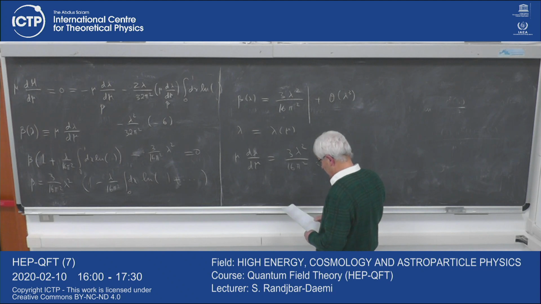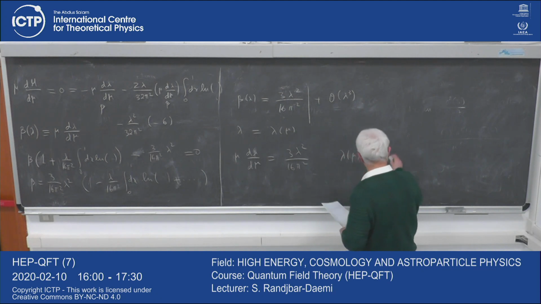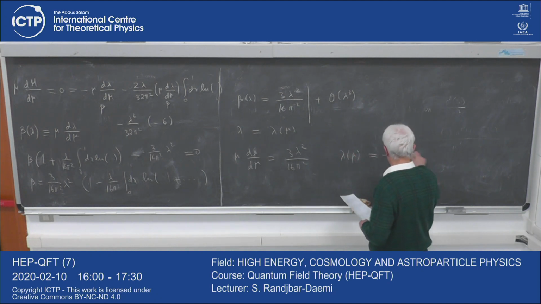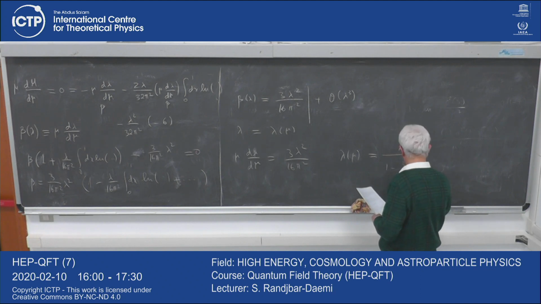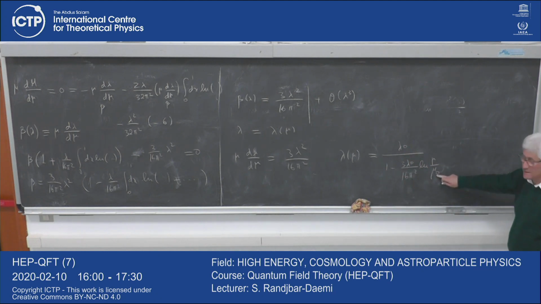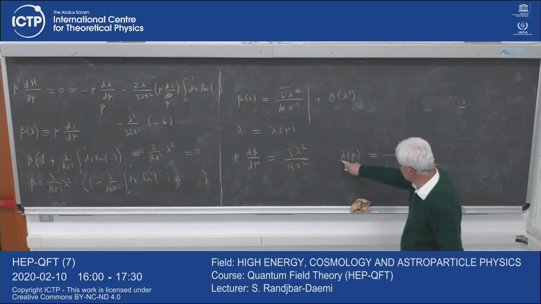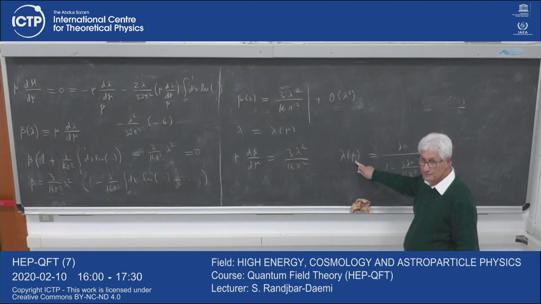Let me just write the answer for that integration: lambda as a function of mu. This mu0 is a reference mass. It means lambda 0 is the value of lambda at mu equals mu0.